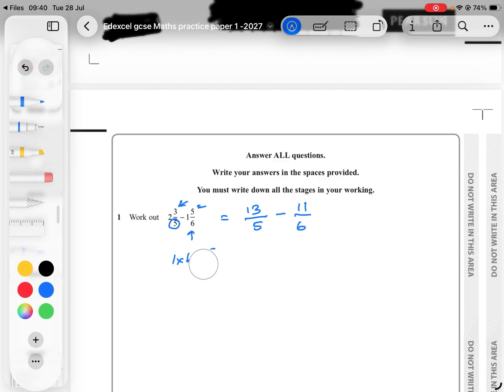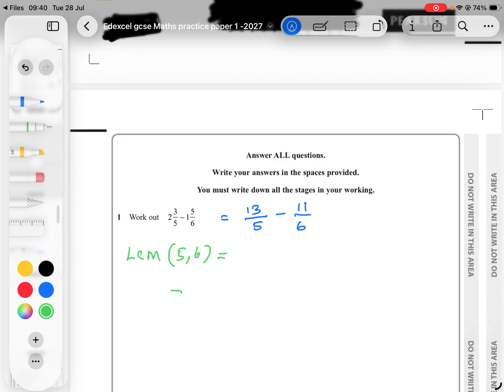Okay, second, find the LCM of 5 and 6. How do you work out the LCM of 5 and 6?